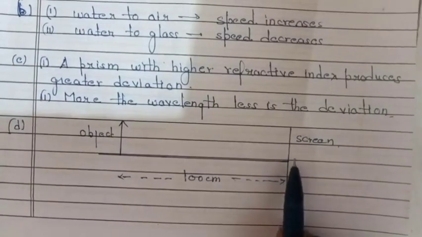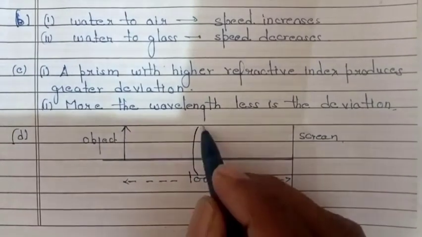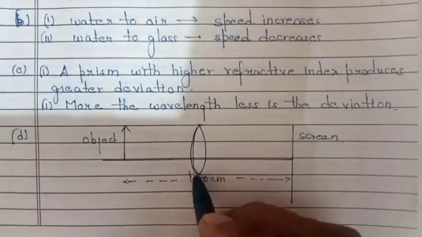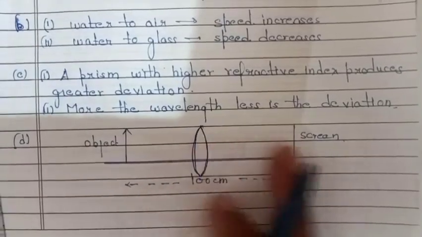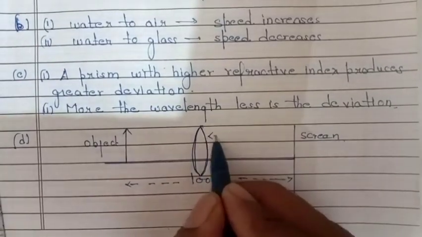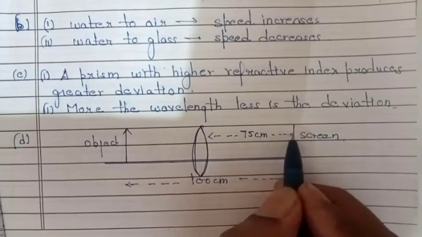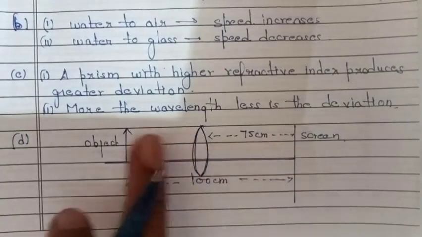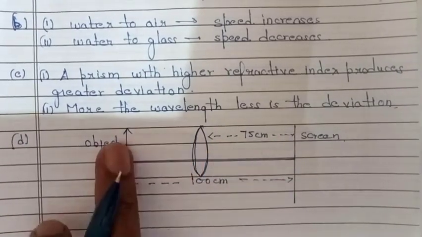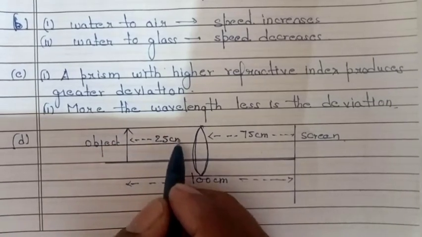This is the screen. If we place a lens here in between, according to the question, the distance of the screen from the lens is 75 centimeter. So if this distance is 75 centimeter, the remaining distance between the lens and the object will be 25 centimeter.